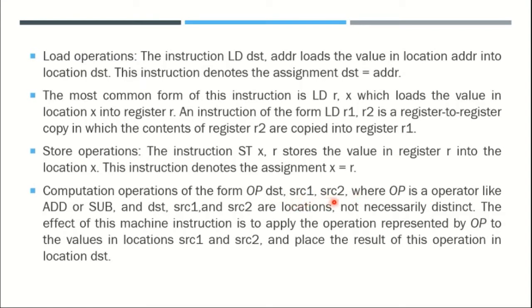Source 1 and source 2 indicate the operands on which we want to perform the specific operator like addition or multiplication. Such source variables can be located in these source registers, source 1 and source 2.